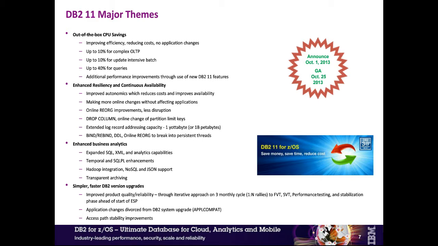And we've done that so you can now have a much longer addressing range for the log RBA and also for the log record sequence numbering in data sharing. And probably my personal favorite is the ability of bind, rebind, DDL, and online reorg to break into persistent threads that are running packages bound with release deallocate.